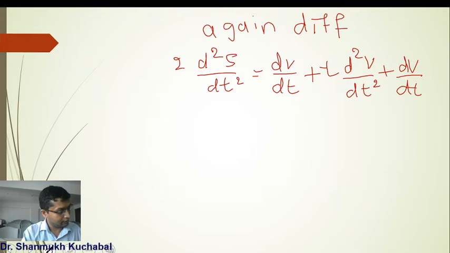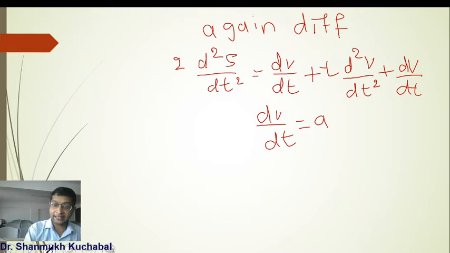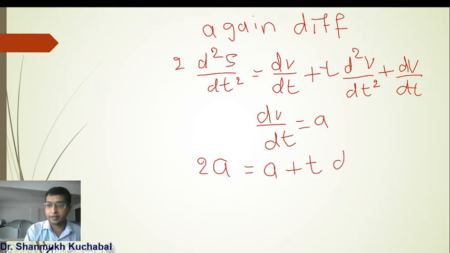So we will take dv by dt as a, that is acceleration, a we will take it. So 2 times the acceleration equal to acceleration plus t times da by dt plus acceleration a.